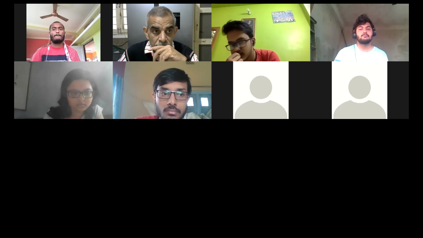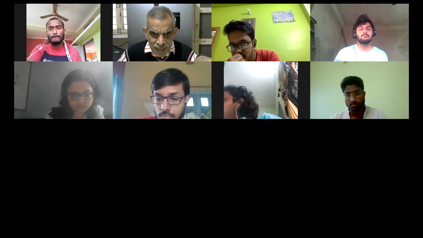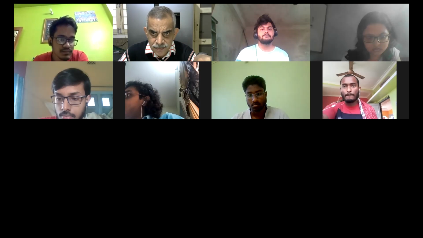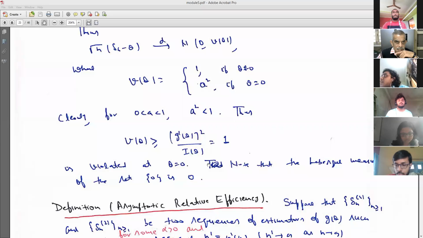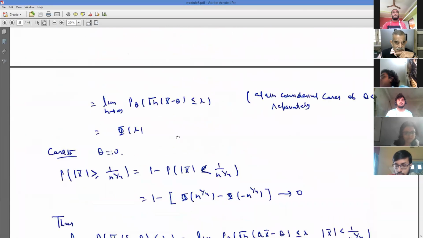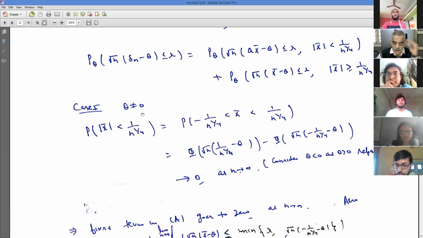The same example where x1, x2, and so on, with theta not equal to 0. After that, you are showing that the probability that mod of x bar is less than 1 by n to the power 4 tends to 0 as n tends to infinity. Can you explain just that portion once?